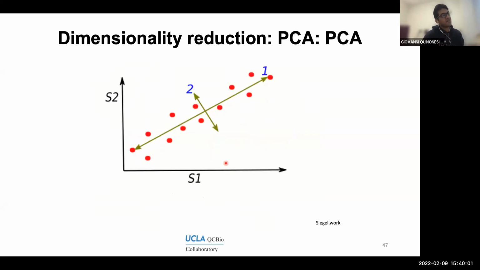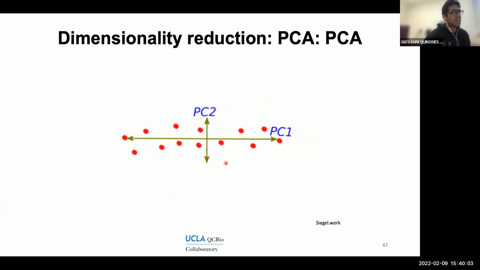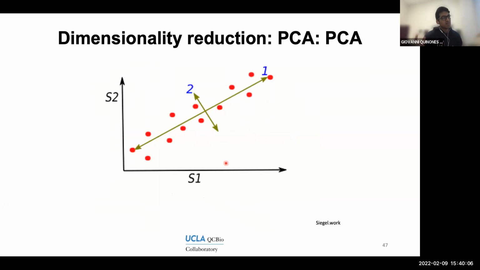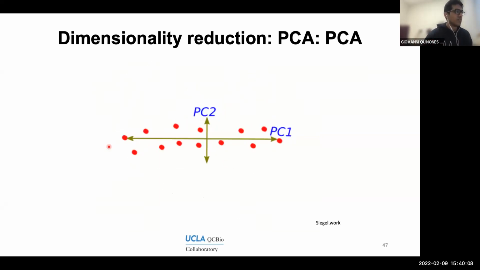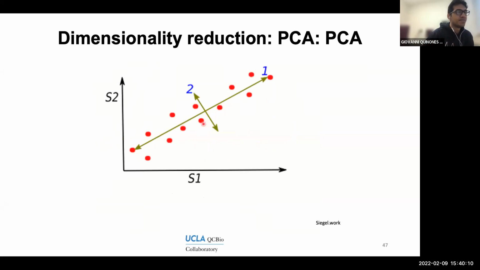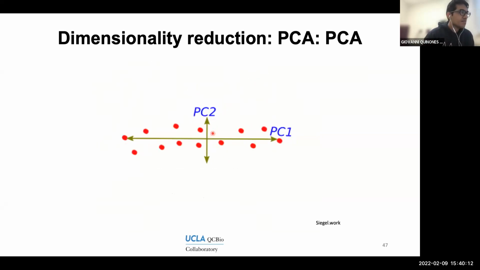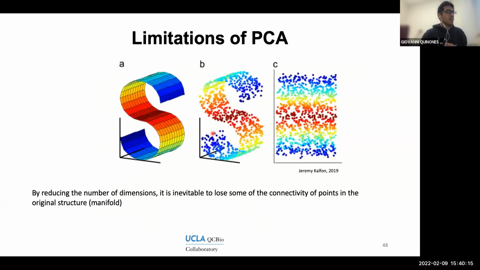The technical definition for PCA is to find the axis that maximizes the variance of your original data set. However, as I already mentioned, one limitation of PCA is that if you're reducing the number of directions, losing some data, some of the original pattern, is inevitable.